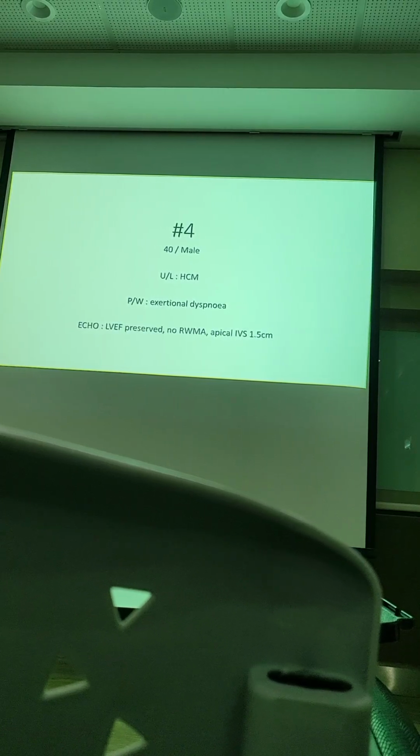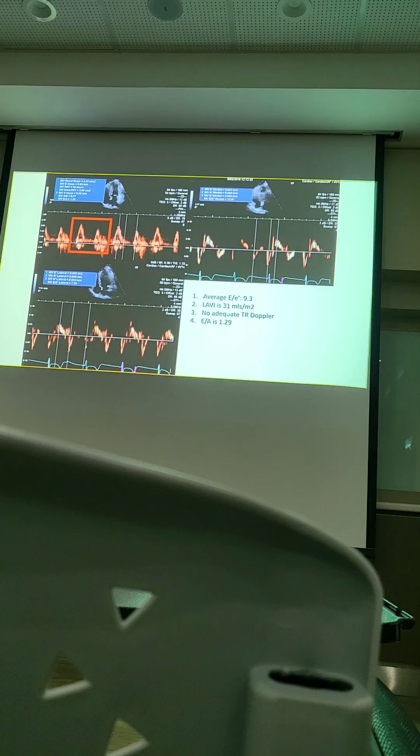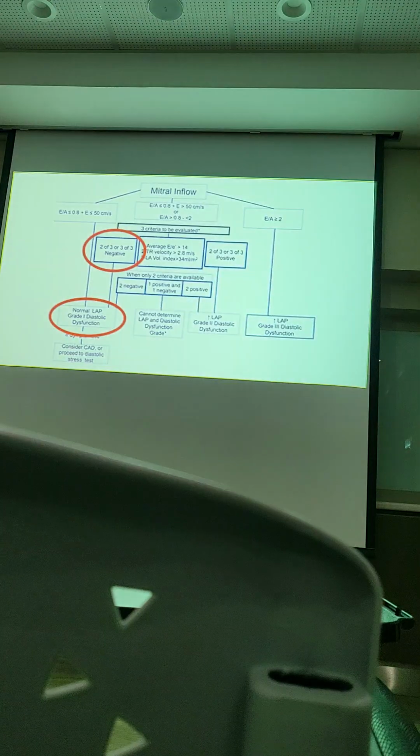Okay. So you terus okay, ni dia dah beritahu dah. The EA is 1.9, TR tak dapat, LAVI is 31, and then the E over E prime is 9 point something. Okay. So sini ada tak yang tak normal? Tak ada kan?